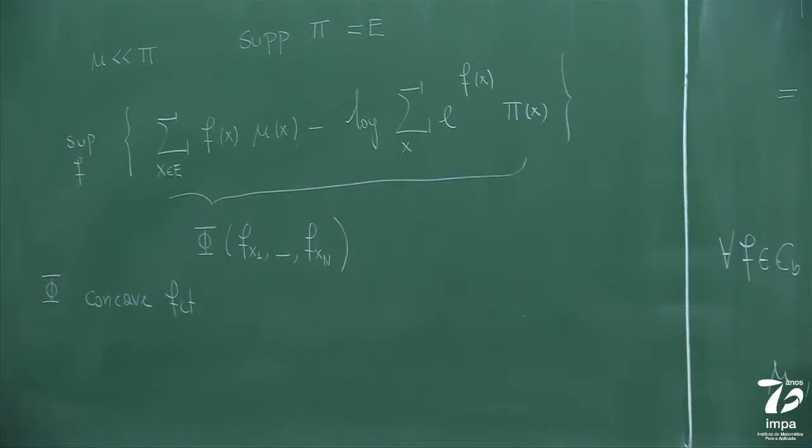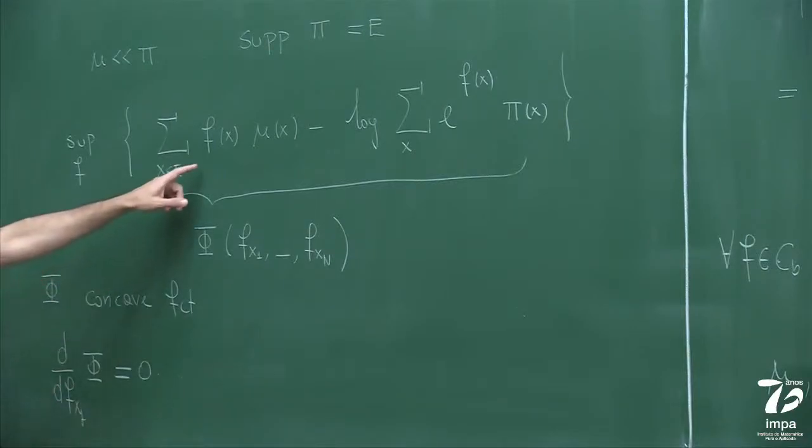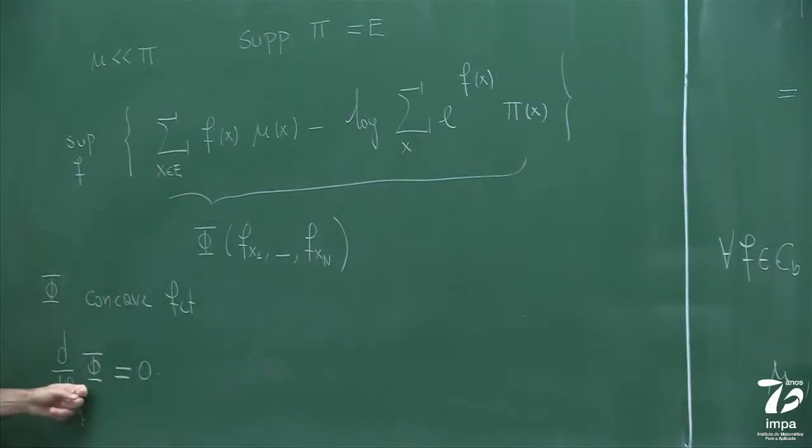Therefore, I need to find the critical point of phi. So let me compute the derivative of phi with respect to f(xj), and let's impose that this is equal to 0 to find the critical point. So what's the derivative of phi with respect to f(xj)? In this first sum, it's mu(xj).